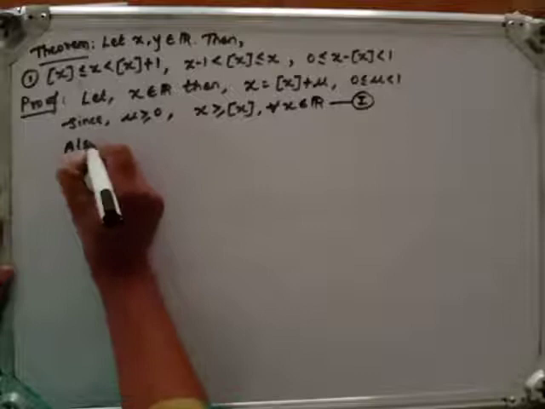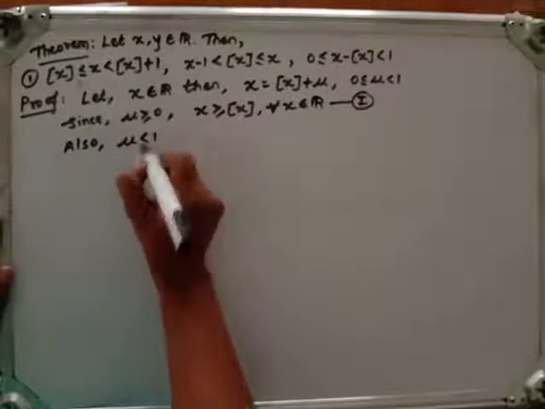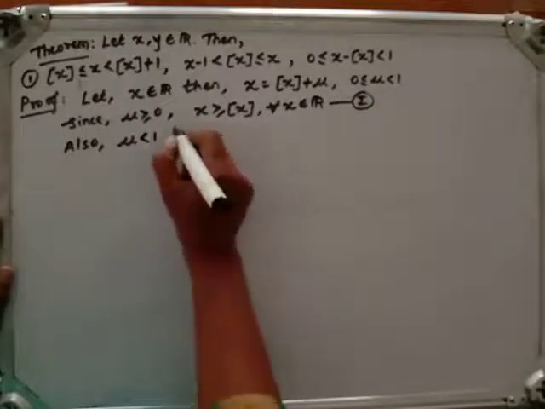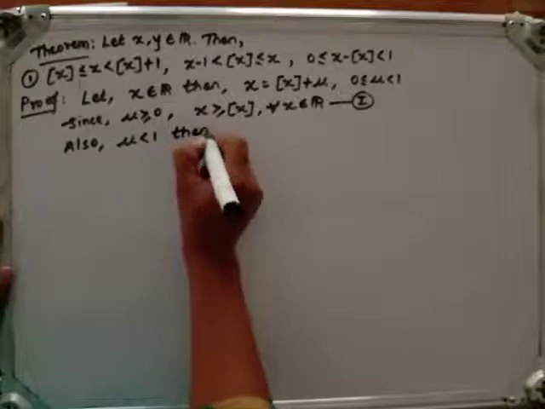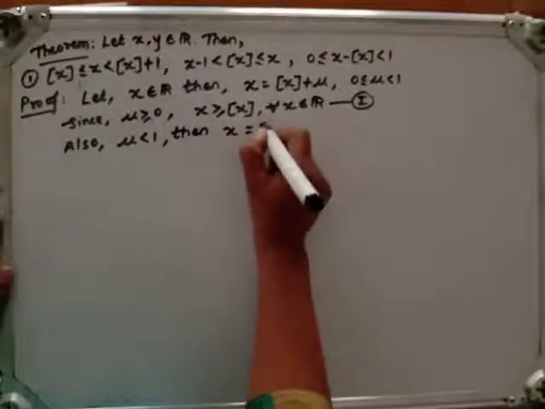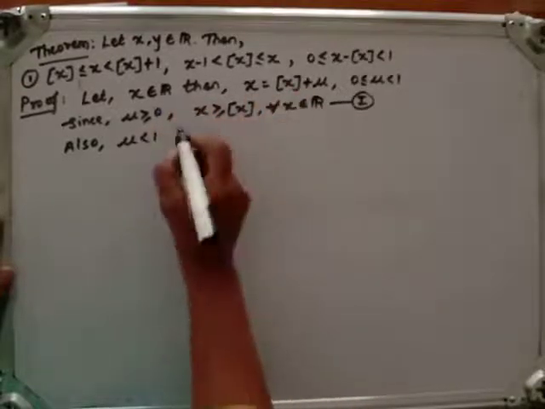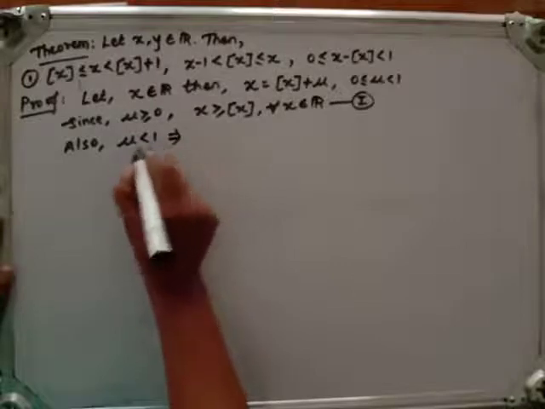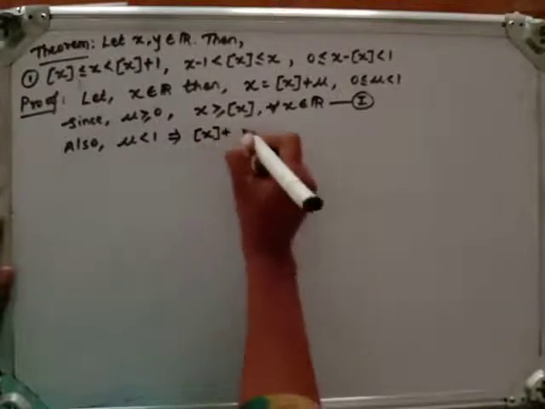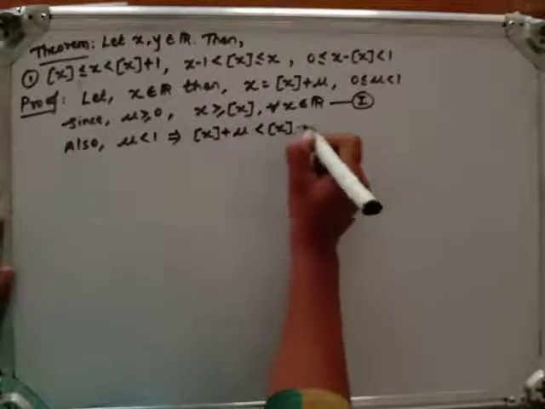Also, if mu is less than 1, then if we add the greatest integer function on both sides, we get mu plus the greatest integer function less than the greatest integer function plus 1.